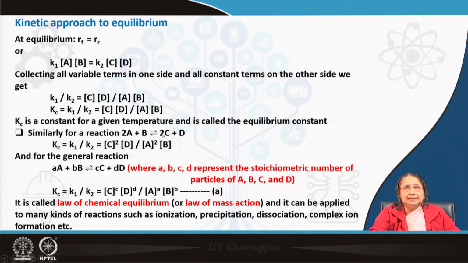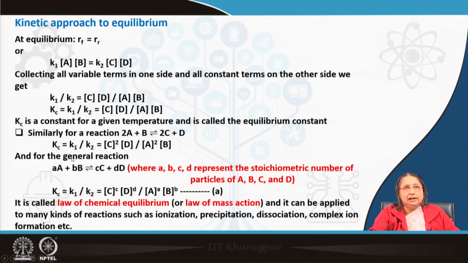So, considering a reaction that is 2:1, for example 2A plus B giving 2C plus D, K1 by K2 is nothing but concentration of C square into concentration of D by concentration of A square into concentration of B.